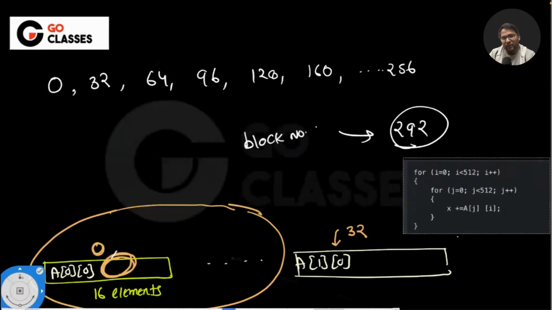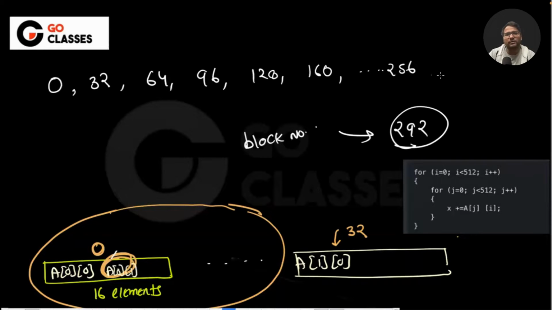Whenever I is 0, then j will be 0, j will be 1, and so on, right? And that's why we are having these block numbers. Now, if I is 1, then also probably this is A01, right? Then also you might be having almost the same access pattern, but don't worry about it. I'm just asking about the access pattern. This is the access pattern when I is 0.